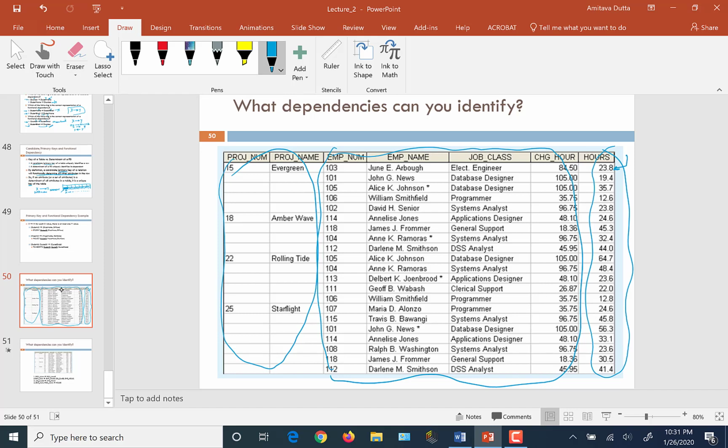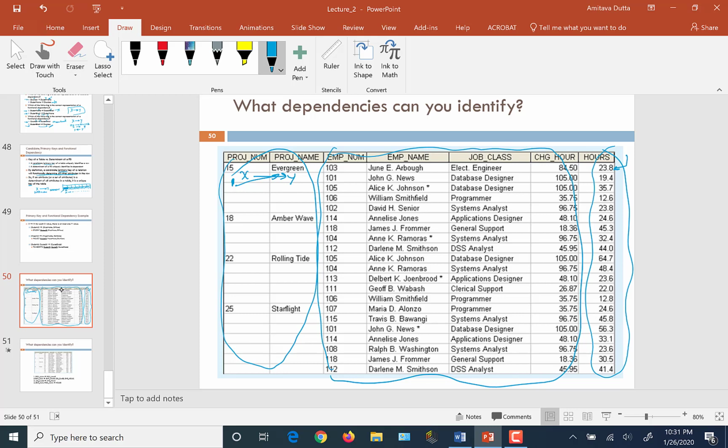If I just look at the contents of this table, you can see that if I know the project number, I know the project name. If I give you a value of project number, you can give me a value for project name. So it seems that project number determines project name. That's a functional dependency that seems to be present in this table.